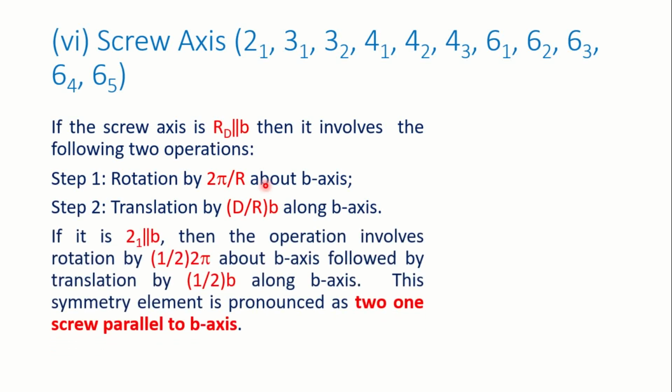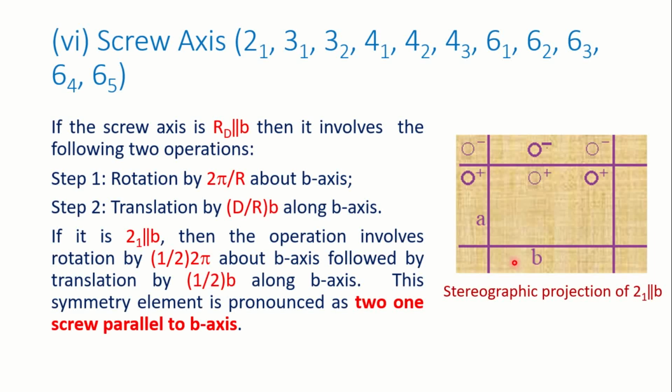Let's elaborate for 2_1 B case. So it is 2_1 screw parallel to B symmetry element. Then the operation involves reciprocal of 2, that means half into twice pi. Then D by R, that is 1 by 2, that means again it is half into B along B axis. So rotation followed by translation.